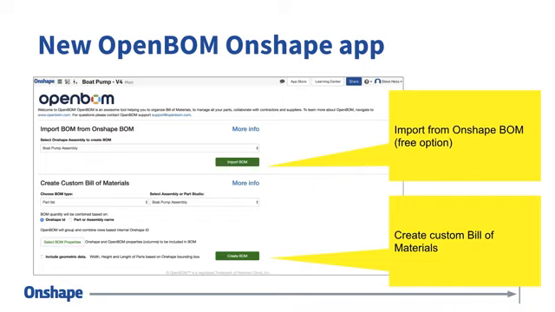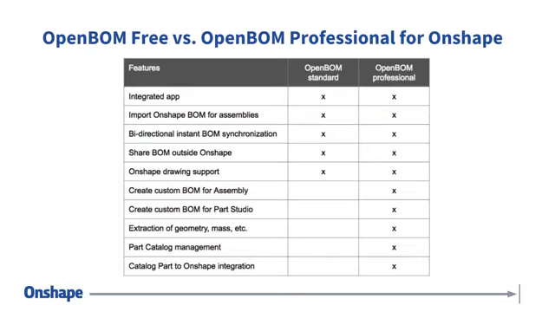So let's go to the next slide. And yes, this is in a nutshell the comparison of what features and functions are available in both versions. You can see that both are integrated apps and they can bring data interactively from Onshape. Both provide bidirectional instant BOM synchronization.